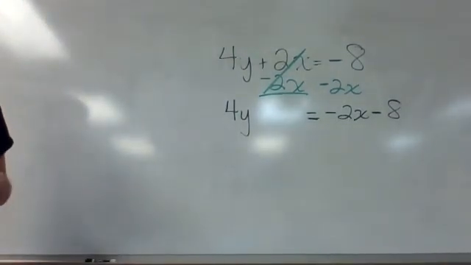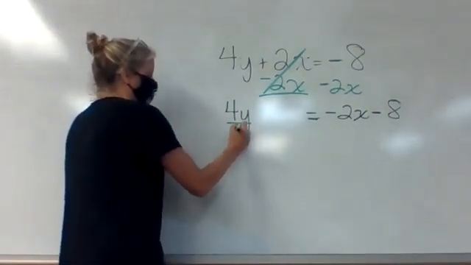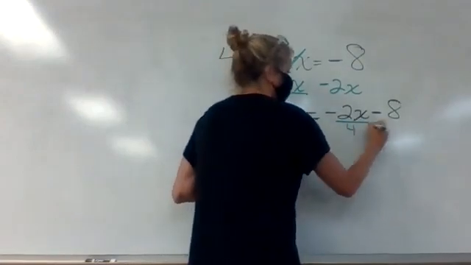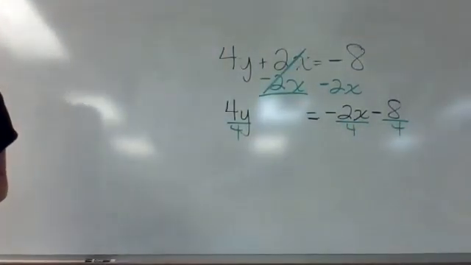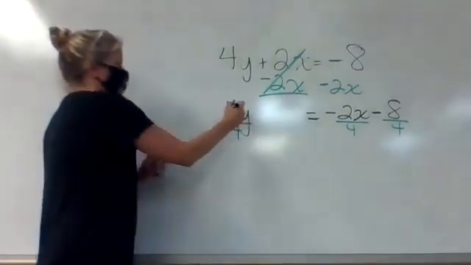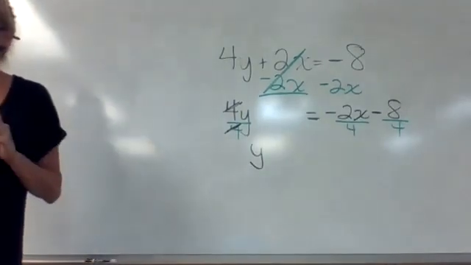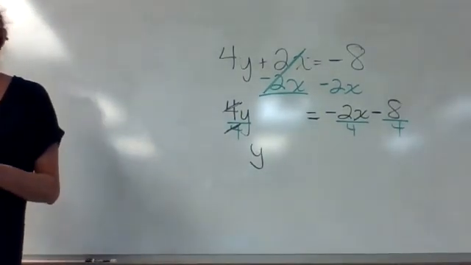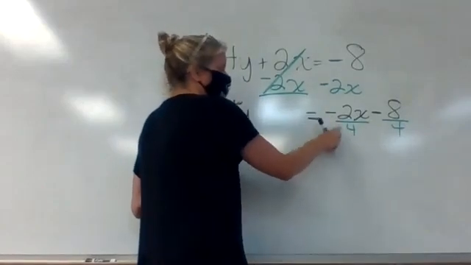Still working on getting y by itself. So get rid of your hooked on number. I'm going to divide. So your 4's cancel. There's your y by itself, equals negative... you just made two fractions.